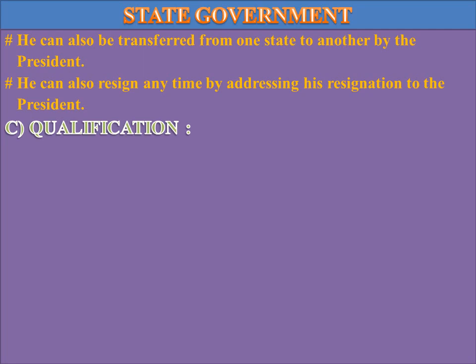Now we are going to learn about qualifications of the governor. Article 157 and Article 158 of the Constitution of India specify eligibility requirements for the post of governor. They are as follows. He should be a citizen of India. The next is, he must have completed 35 years of age.